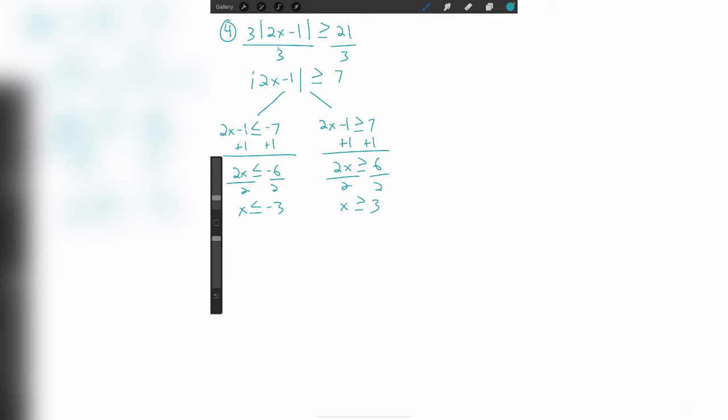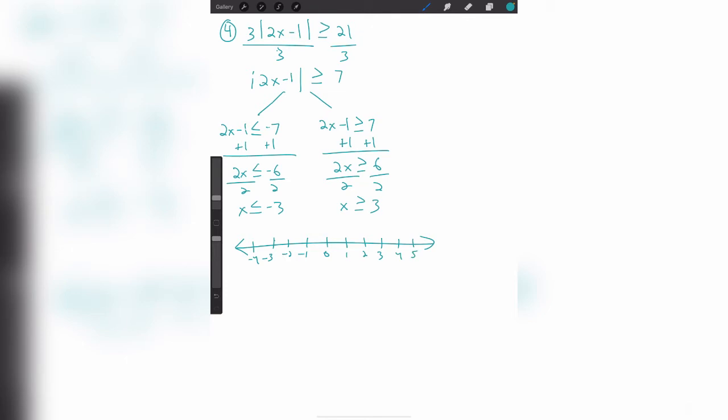All right, so now if I wanted to graph this, I'll go ahead and make my number line, and I'll put 0 in the middle. And I'll say -1, -2, -3, -4, 1, 2, 3, 4, and you could just continue going if you got room.